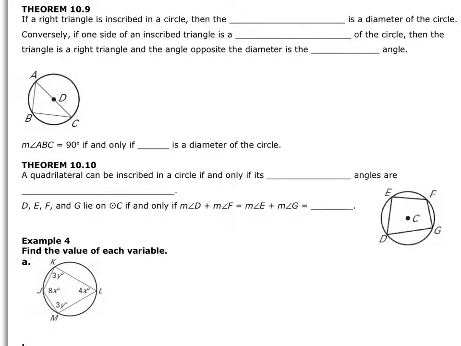Now, we can also have triangles and polygons that are inscribed inside of a circle, and it only works in some cases. With a right triangle, this only works when the hypotenuse is the diameter. So if a right triangle is inscribed in a circle, then the hypotenuse is a diameter of the circle.